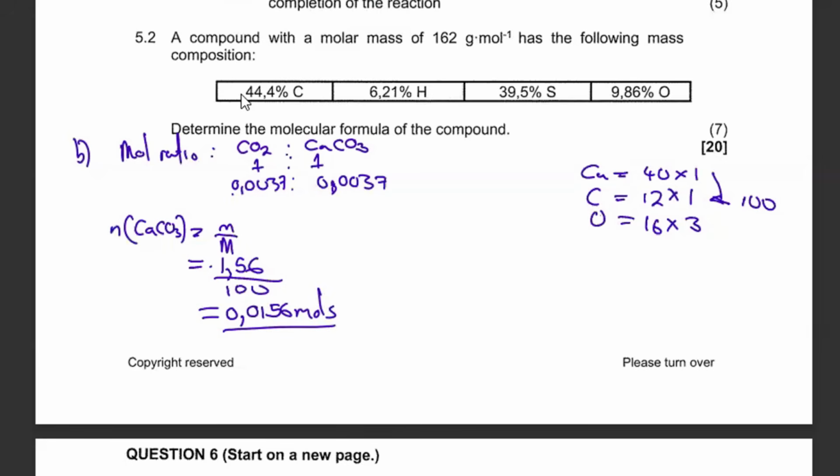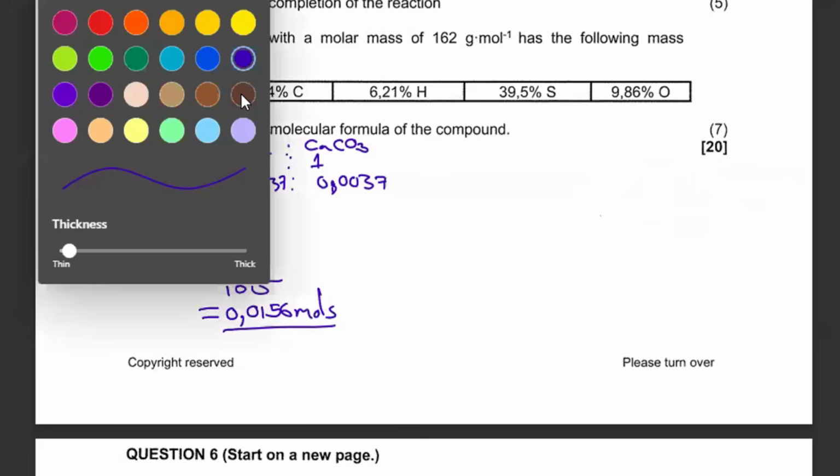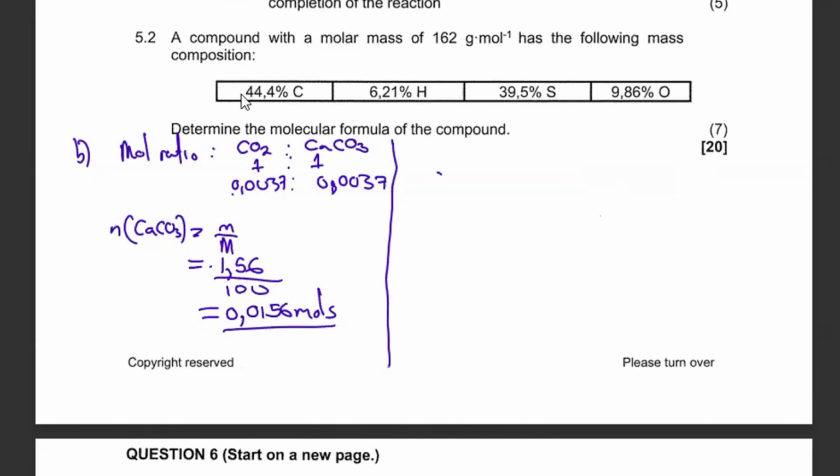Therefore, now the number of moles remaining, let's create some space here. The number of moles remaining is equivalent to 0.0156 minus 0.0037.